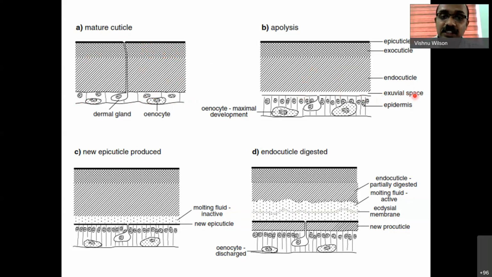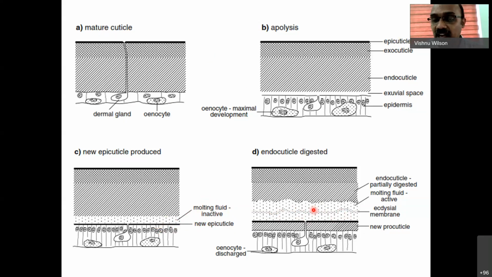Into that exuvial space, the molting fluid is secreted by the epidermis, and at that time it is inactive, and the new epicuticle, that is the cuticulin layer, is formed over here. You can see the dark color.